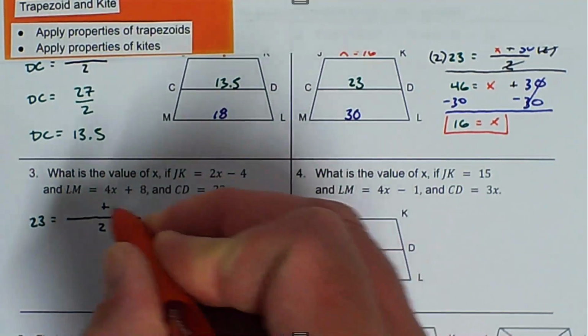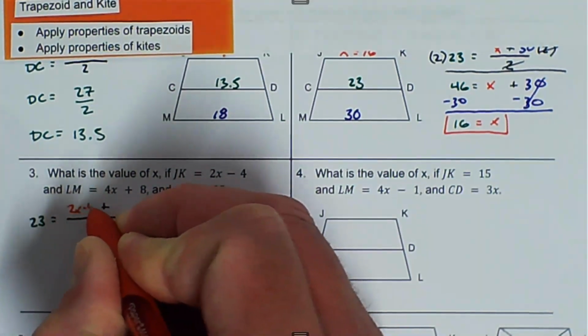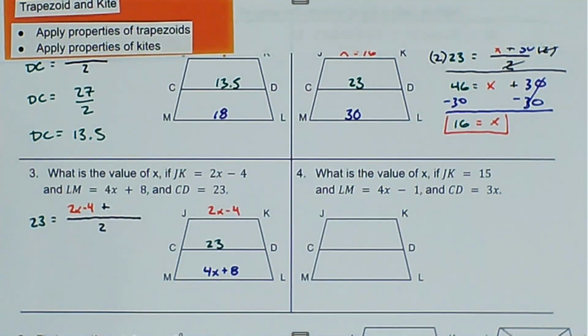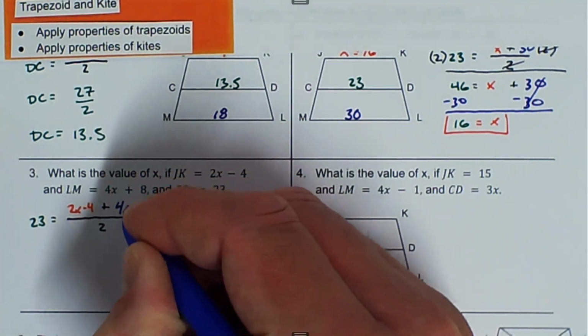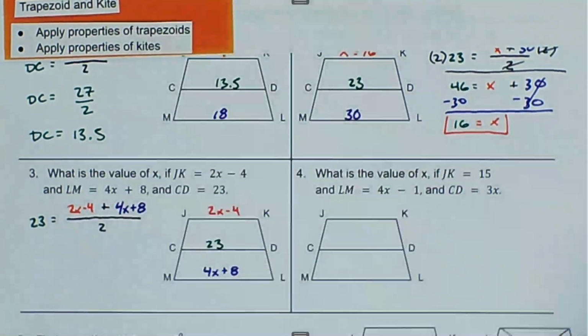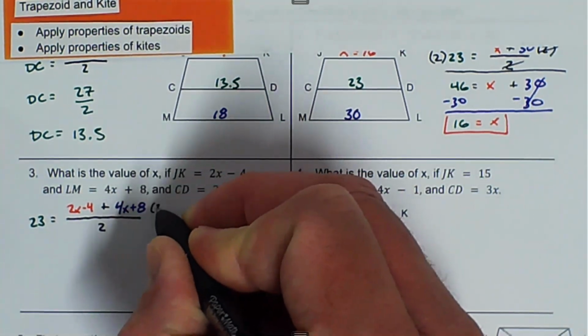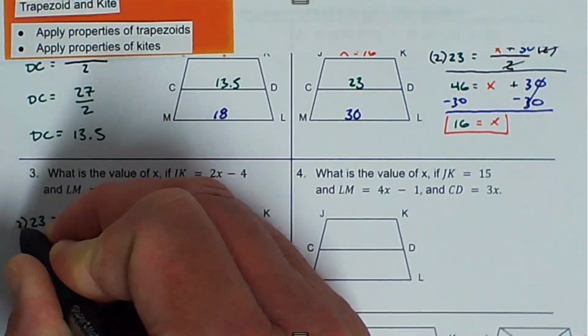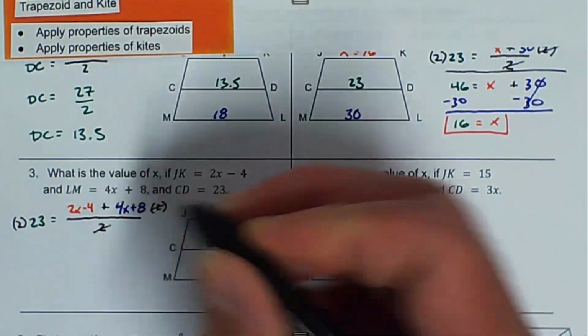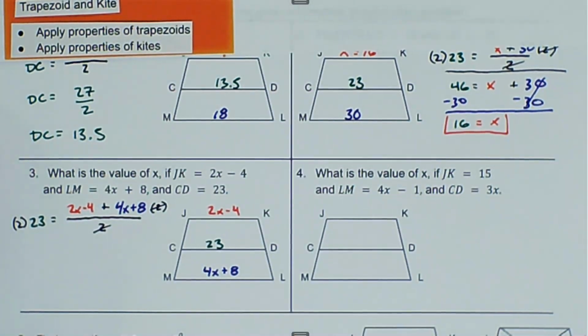So we're going to have 2X minus 4 and 4X plus 8. And we want to get our x's by itself. So we're going to multiply both sides of the equation by 2, and that gets the denominator out of there, so it's a little bit simpler to work with.